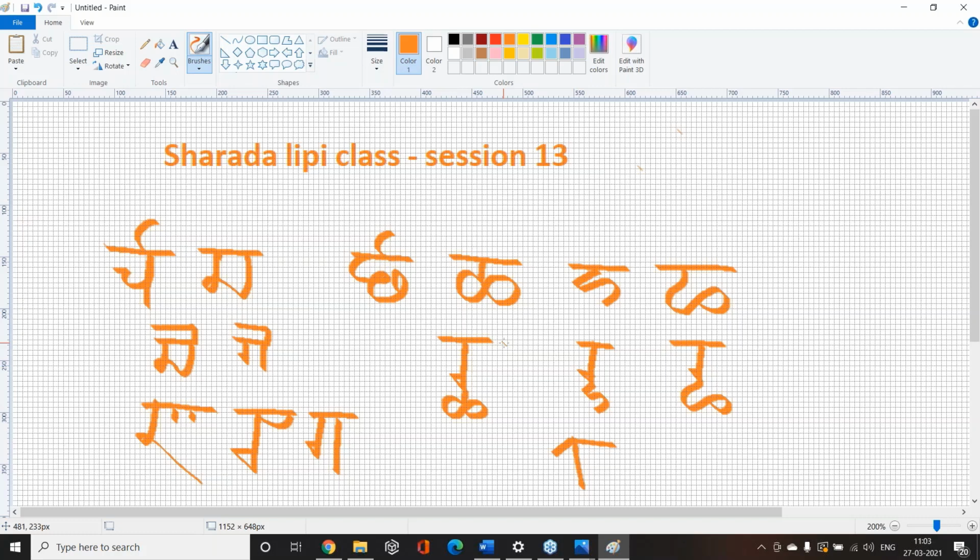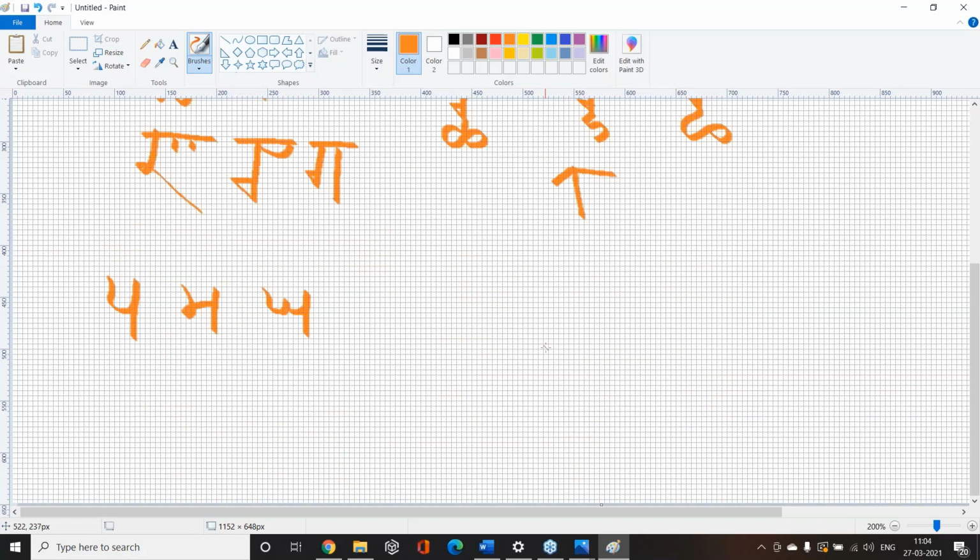So the letters without the Shirorekha and the letters which are touching the Shirorekha once will follow the same rule, which is this. Ra would be written first, and now pa without a Shirorekha, this category C, would be written towards the right side. Ma again without a Shirorekha would be written towards the right. Then gha again without any Shirorekha would be written towards the right side.